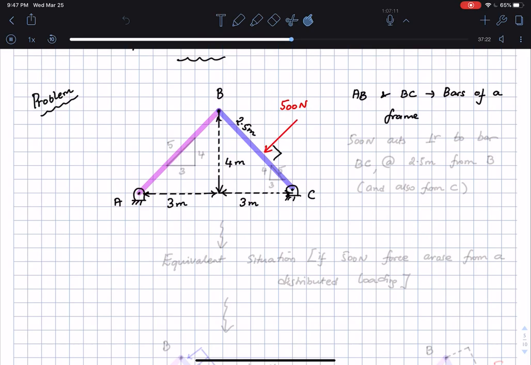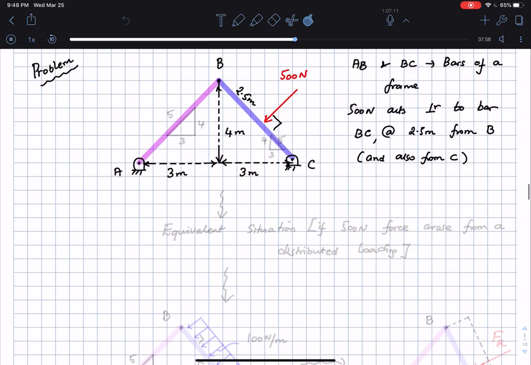And you see that it's a 4, 5, 3 triangle, so the distance from where the force is acting to the point C is also 2.5 meters. Okay, so the force acting is a force of 500 Newton acting perpendicular to bar BC at 2.5 meters from B and also from C.